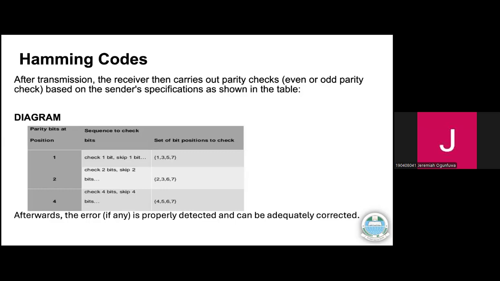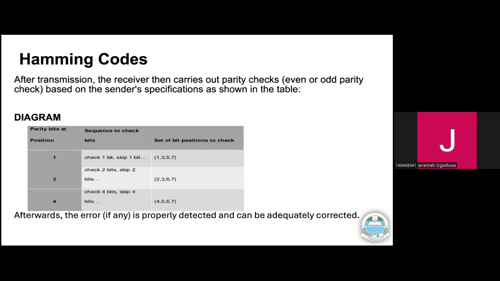That first bit is the first parity bit, and then the positions that are to be checked will determine if there is an error or not. Based on the sender's choice, whether it is going to be even parity or odd parity, that is what makes it possible for the receiver to detect an error.